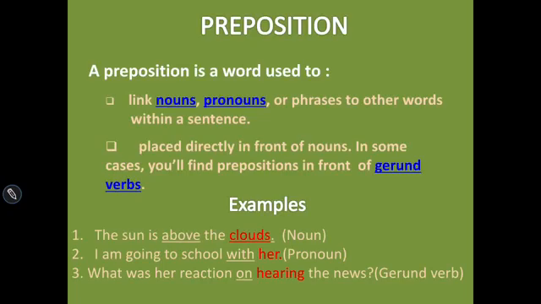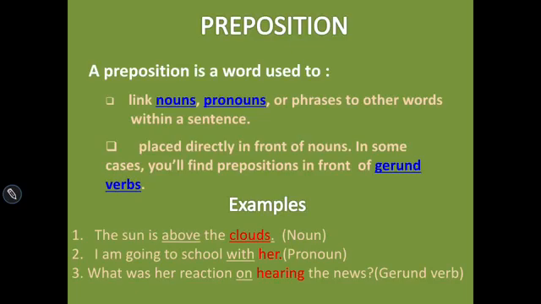In the second example, I am going to school with her. Here her is a pronoun and with is a preposition, and it links this sentence. I am going to school with her. How am I going to school? With her.